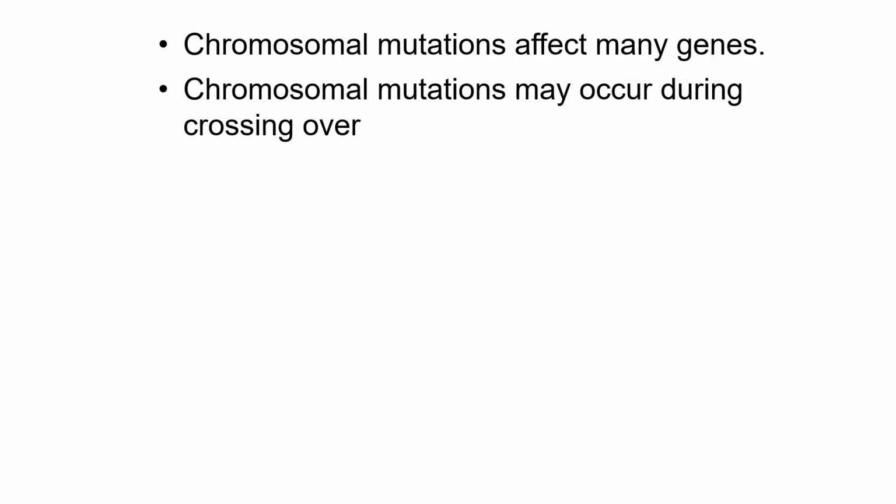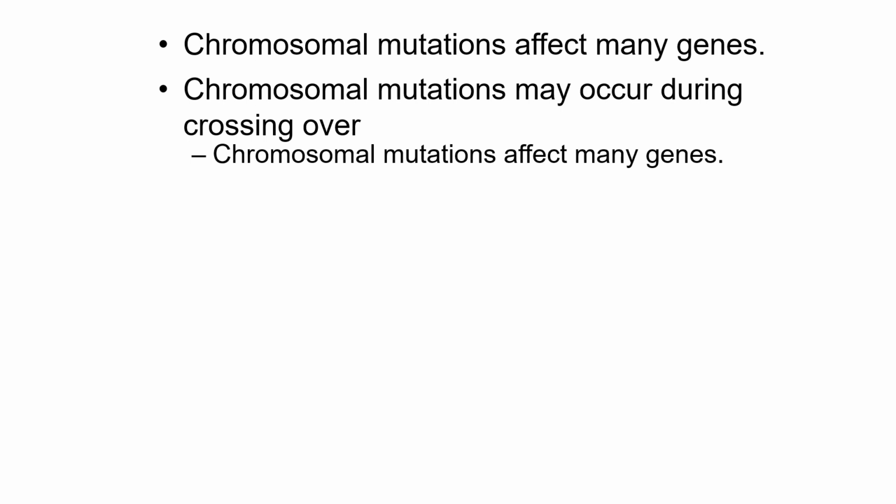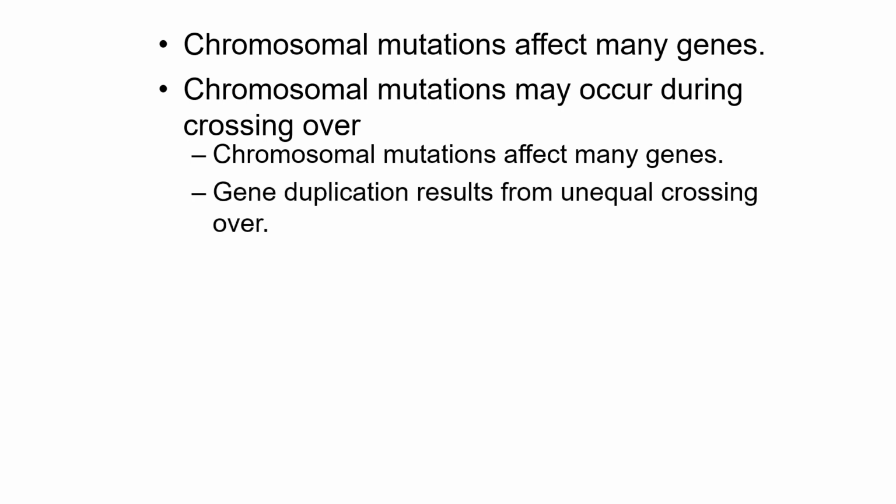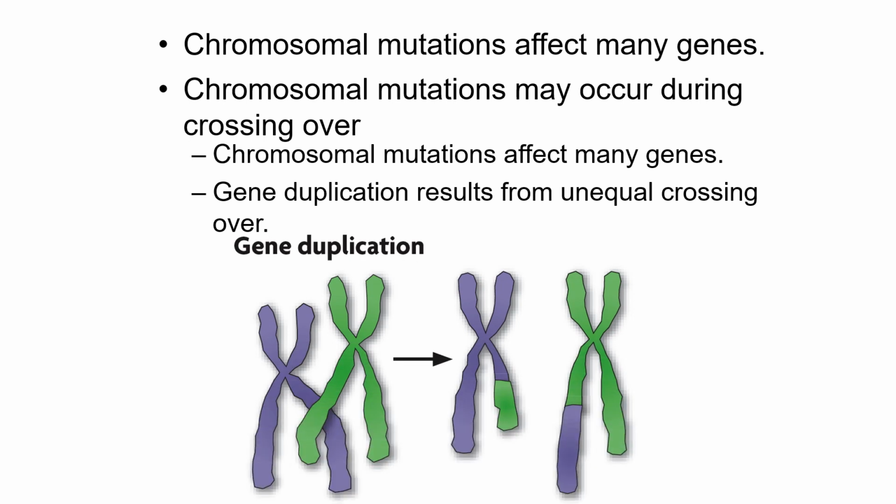Next, we have chromosomal mutations, and we talked a little bit about these when we were in meiosis. Chromosomal mutations affect lots of genes, and this happens with uneven crossing over. So during meiosis, we talked about how the telomeres, or the lengths of sister chromatids, will cross over and exchange some DNA. Normally, when this happens, the chromosomes are lined up equally.